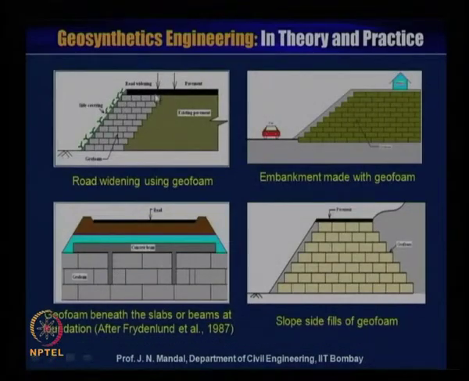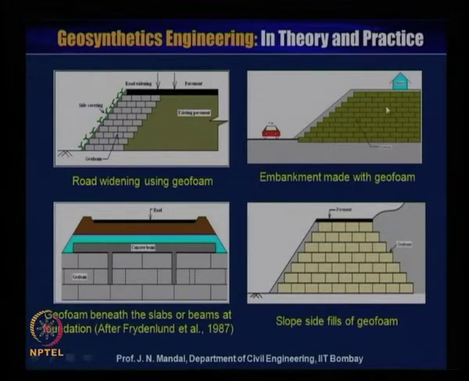Here, if you require the widening of the road with this slope, you can simply place this geofoam material and extend the road, and then on the slope you fill up with soil, and then grass will grow.